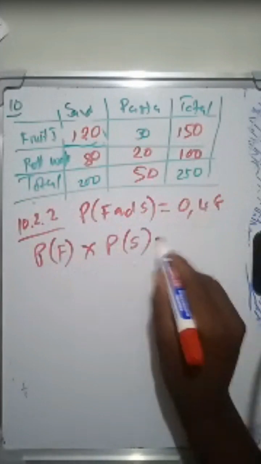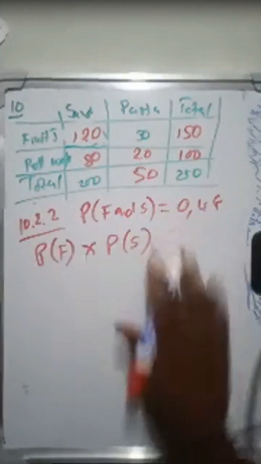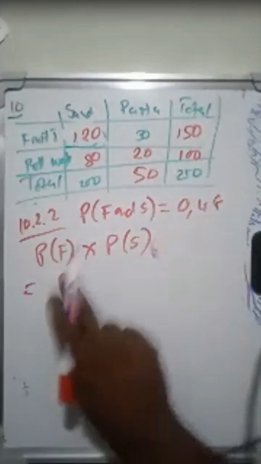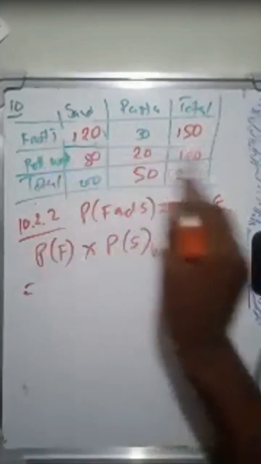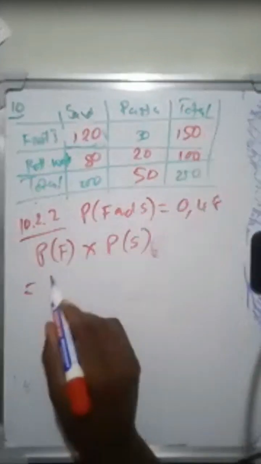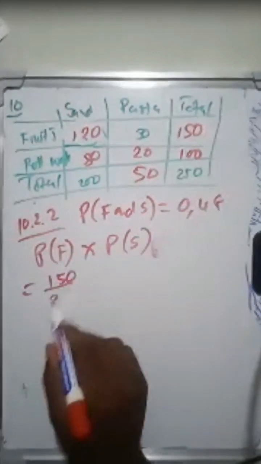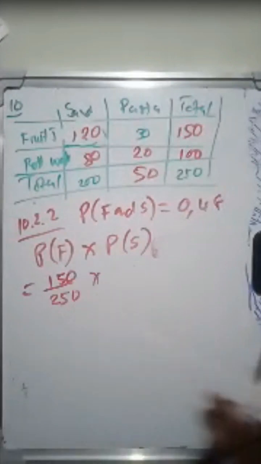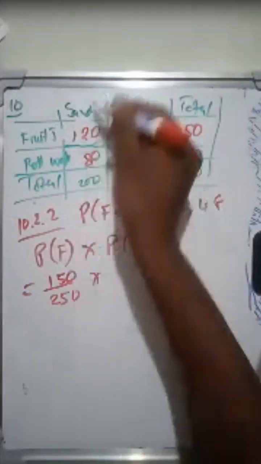What is the probability of fruit juice? What is the total for fruit juice? It's 150. So the probability of fruit juice is 150 over 250, times the probability of sandwich. There we have sandwich.